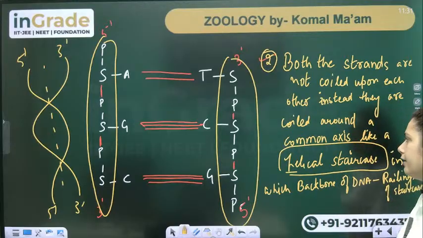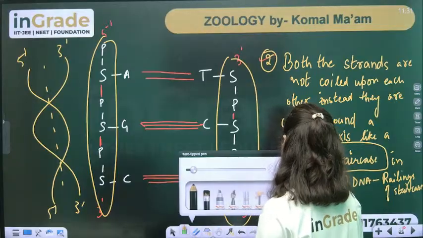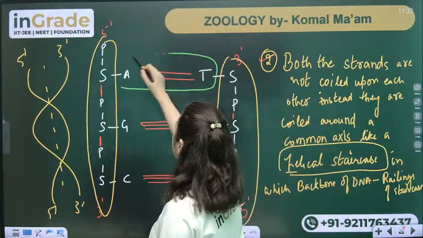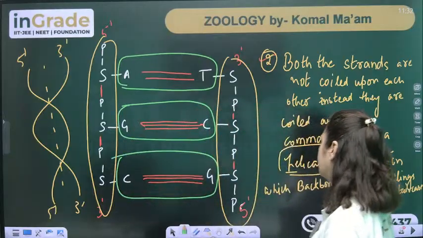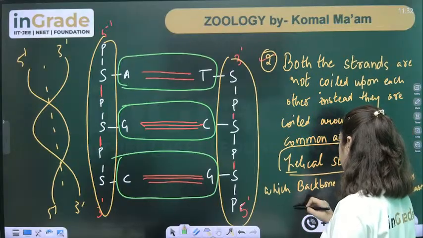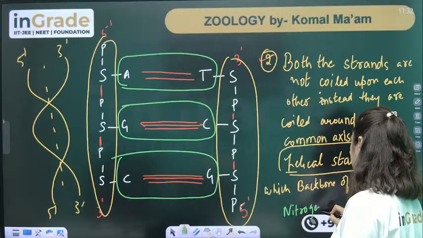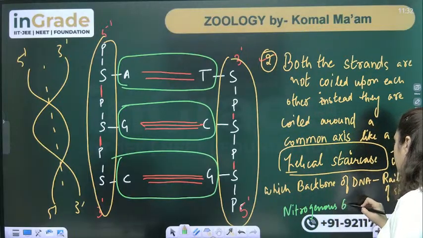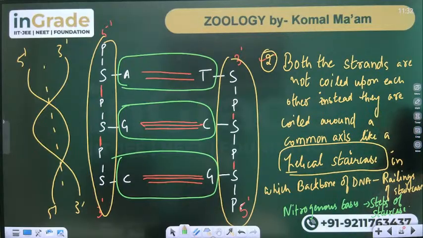Okay, and the nitrogenous bases are compared to the steps of the staircase. Nitrogenous bases are steps of the staircase. I hope I have made this point very clear.